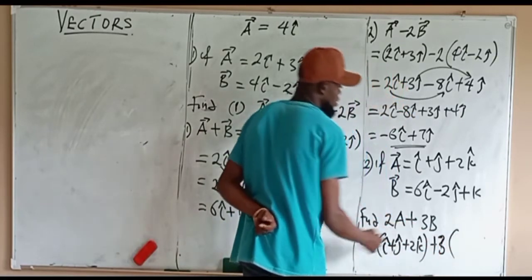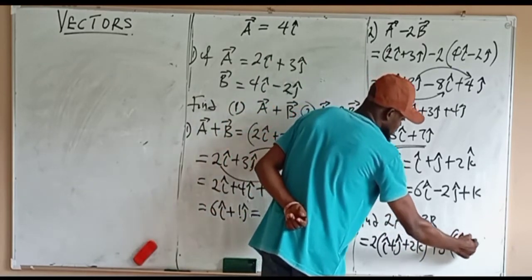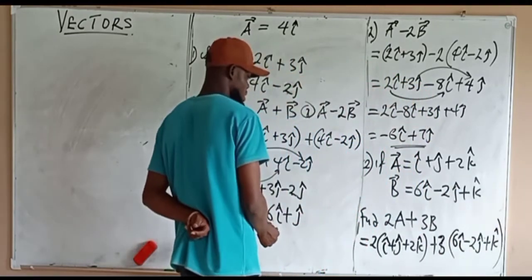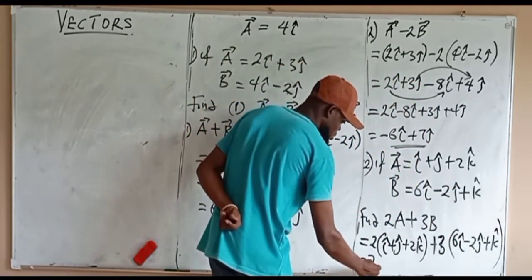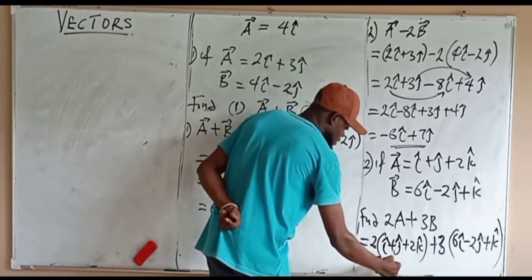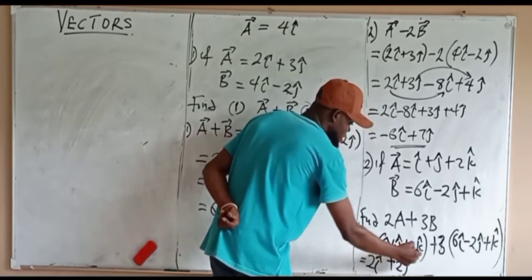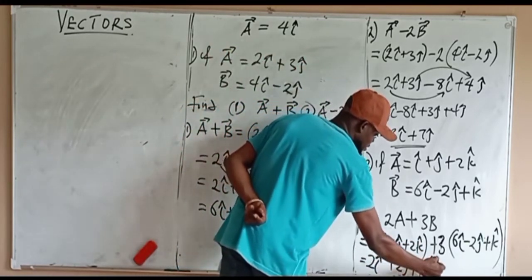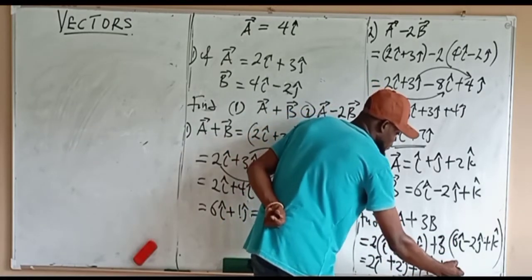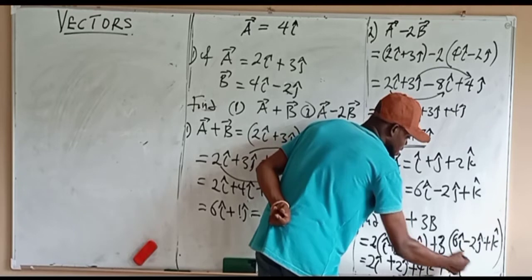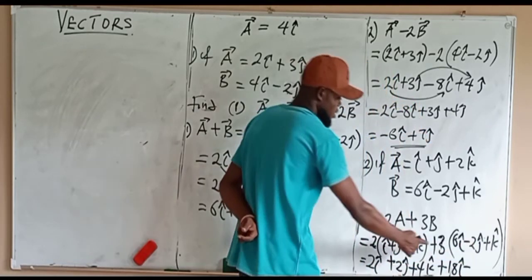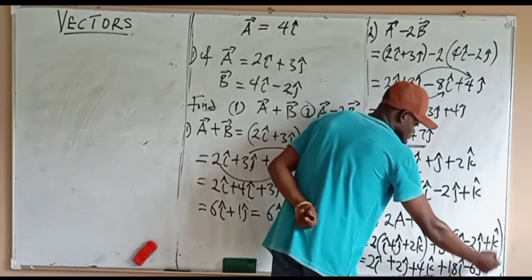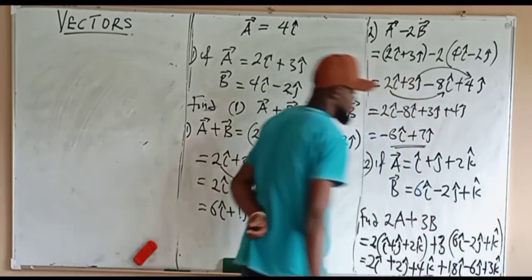What is B? 6I minus 2J plus K. So if we put it back, we have 2 times I equals 2I, 2 times J gives us 2J, 2 times 2K gives us 4K. Then plus 3 times 6 gives us 18I, then plus times minus gives us minus, 3 times 2 gives us 6J, then 3 times plus K gives us plus 3K.